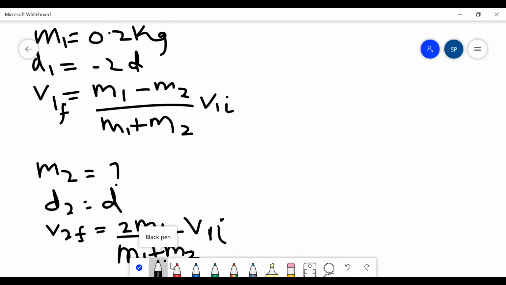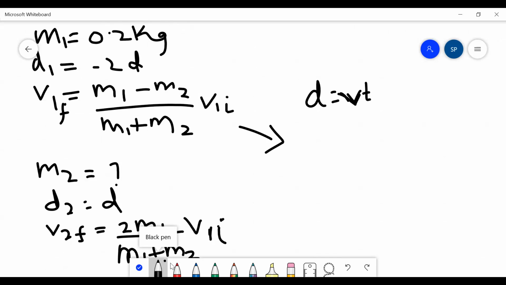Okay, because this is a one-dimensional elastic collision, we can say that displacement will be equal to velocity times time. This is the horizontal distance, so it will not undergo any acceleration. Only vertical motion will undergo acceleration.